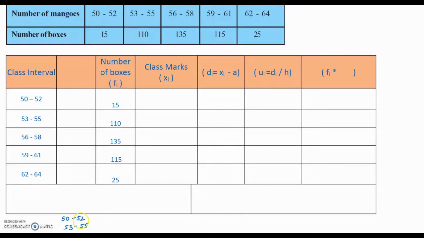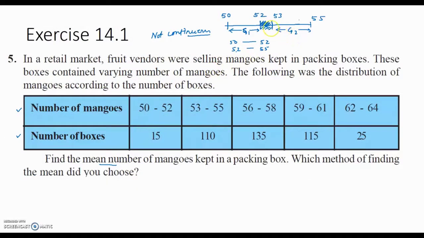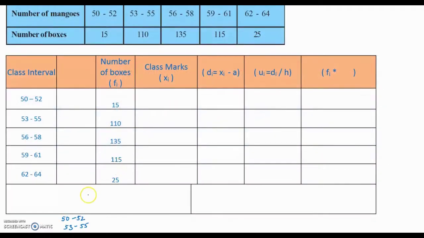So what is the gap? The gap is between 52 and 53. The size of the gap is 1 unit, that is 53 minus 52. This gap of 1 needs to be divided by 2.